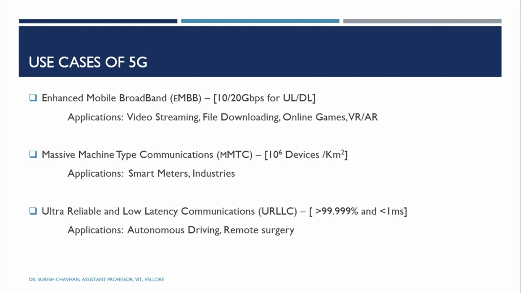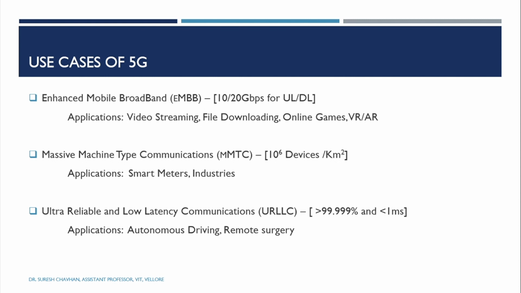The very first service is the enhanced mobile broadband. It has the characteristics of 10 to 20 Gbps for uplink and downlink. This means if you want to download or upload data, a file or any kind of video, the data rate for uplink and downlink is 10 or 20 Gbps.